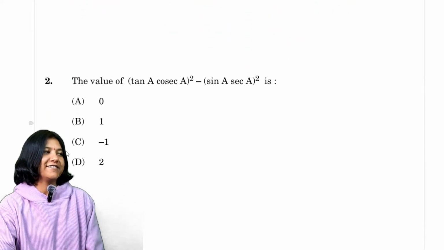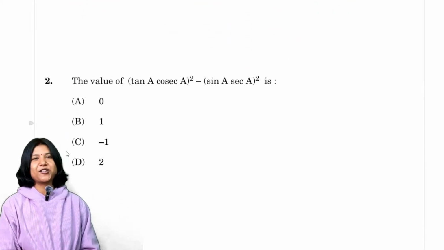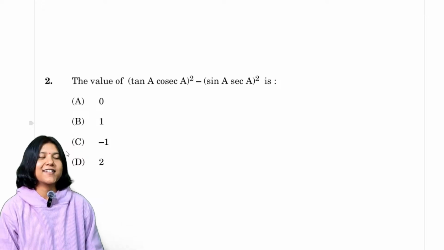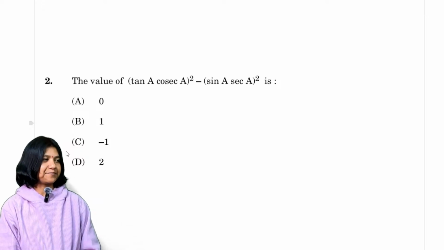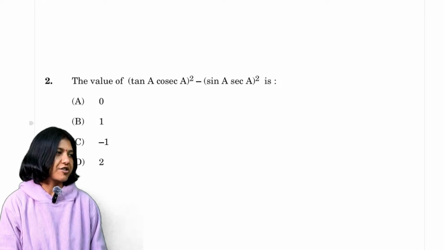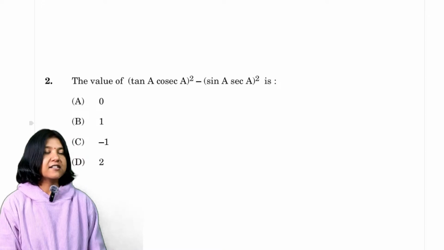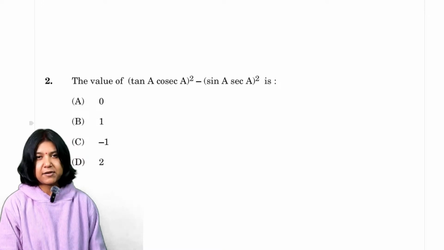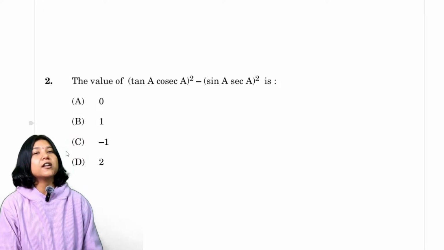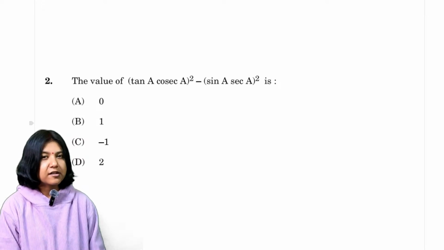Moving on, next question. The question is from trigonometry, because it talks about tan, cosec, sine, sec, everything. Let's see how to approach this question. The first bracket tells me there is no addition or subtraction, it's all multiplication. So let's see if we can get rid of any terms in such cases.